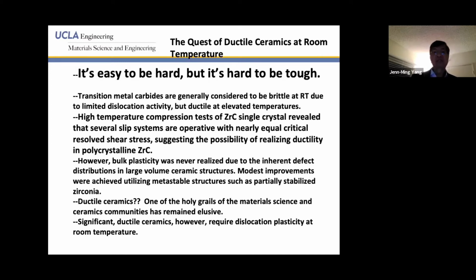This provides some light suggesting the possibility of realizing ductility in polycrystalline zirconium carbide. However, over several decades, the bulk plasticity in these ceramics was never realized. So ductile ceramic is still one of the holy grails of materials science and for the ceramic community.